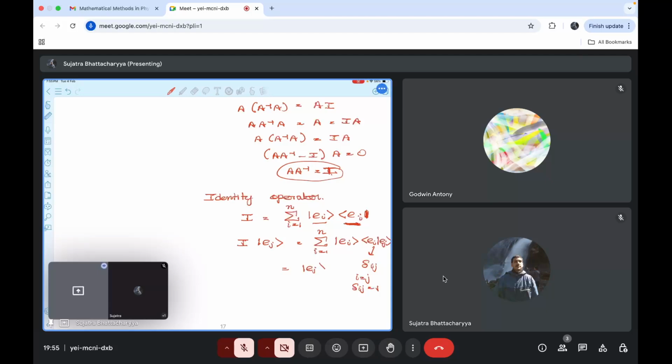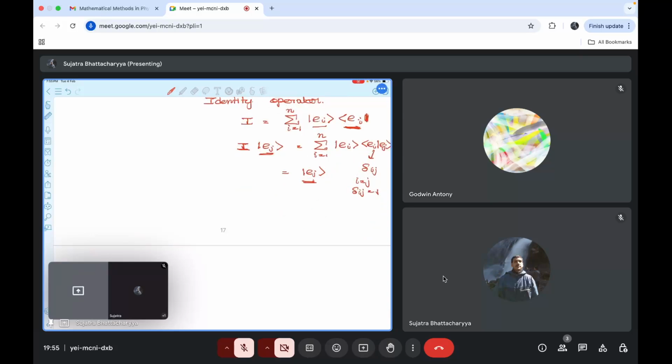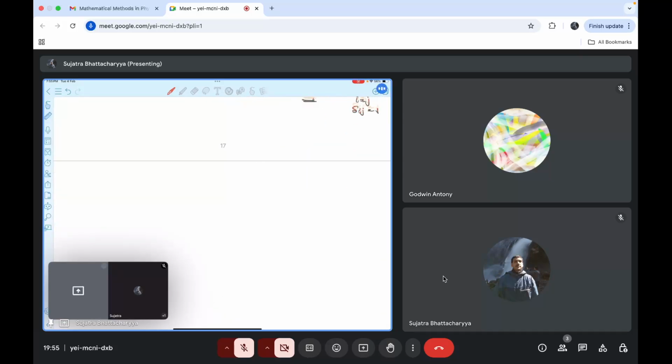Any vector, if the identity operator is operating on it, will be the same vector. That's the major thing. So here i equal to j means only one value will be there, so e_j. That's all. This is done.